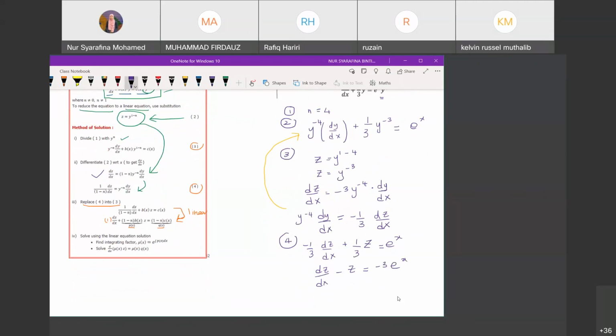So now, is it linear? Is it linear or not?